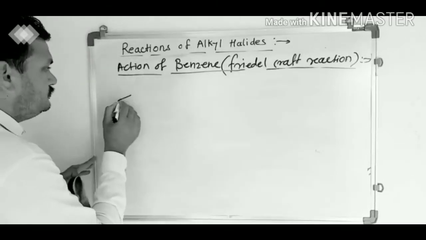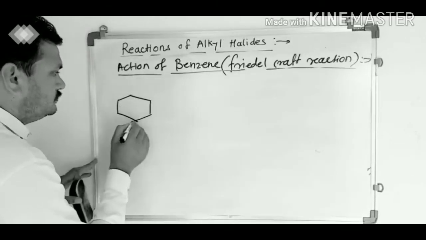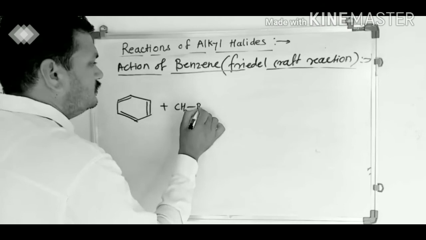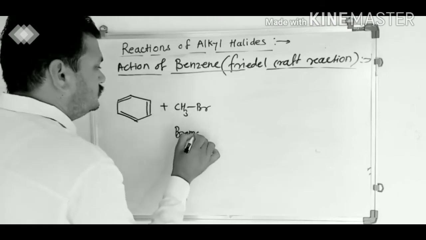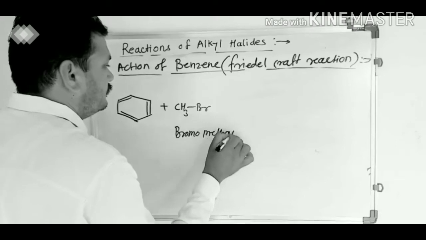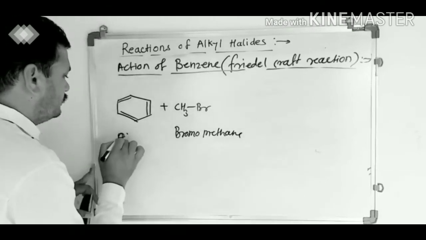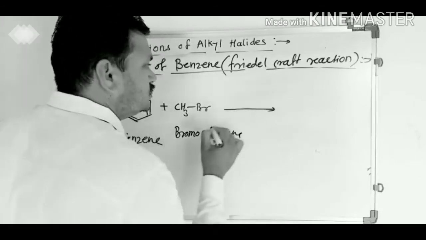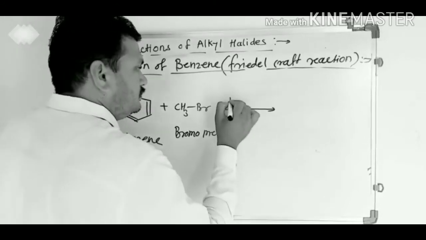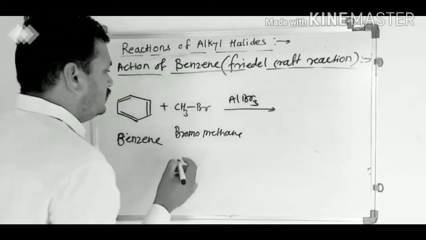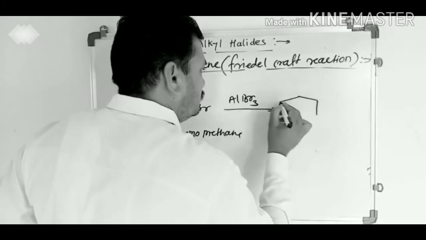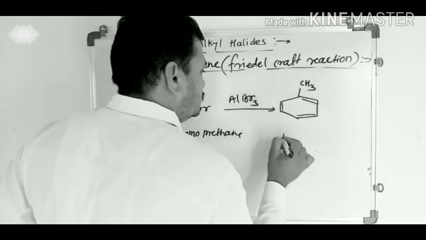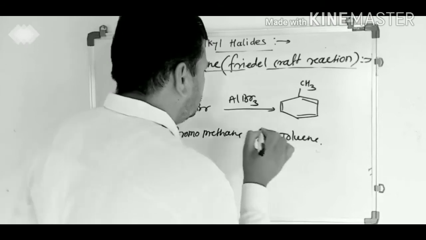Like this benzene, when this benzene is treated with any alkyl halide, it is bromomethane, benzene on reaction with bromomethane in presence of Lewis acid AlBr3, formation of alkyl benzene takes place.